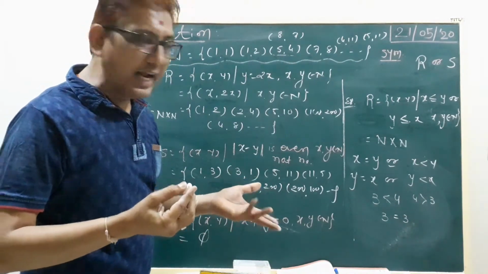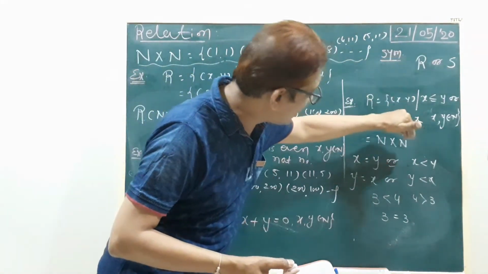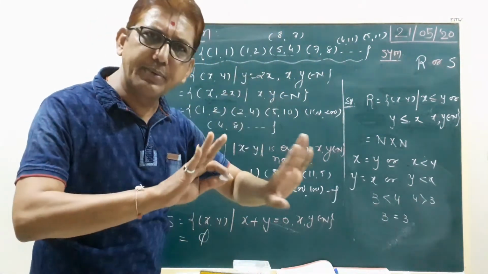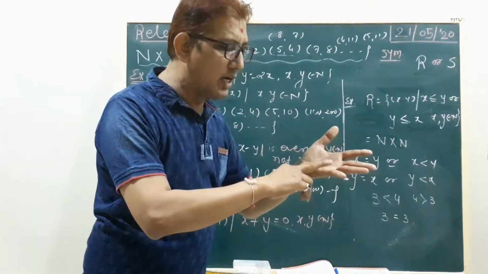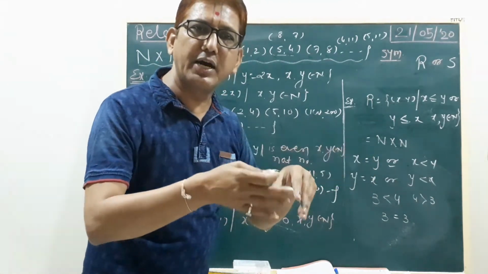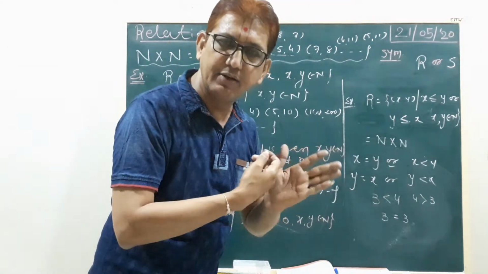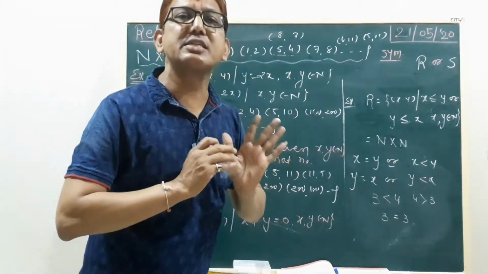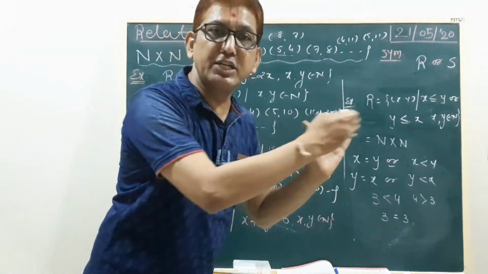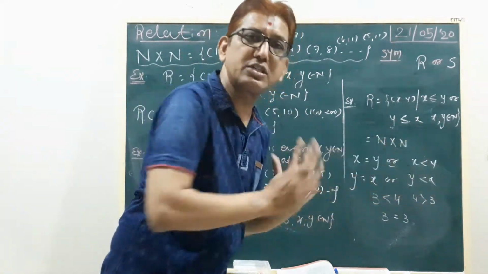All the brackets are included here. 1 1, 2 2, 3 3 are also possible, and 1 2, 1 3, 1 4, 1 5 etc. are also possible, because in the second condition the first element is smaller than the second, and the third condition is the second element is smaller than the first. That means 11 2, 11 10 are also possible.